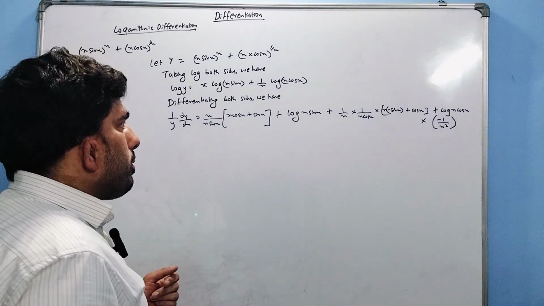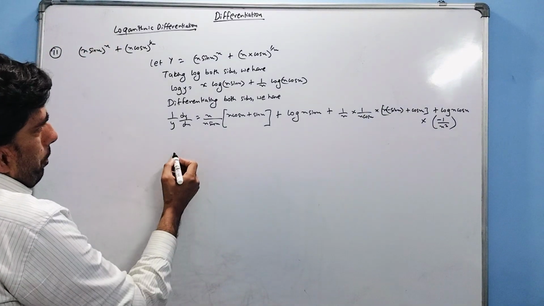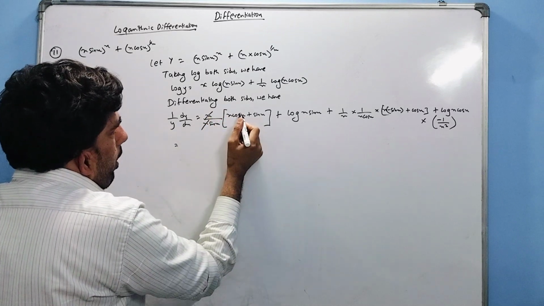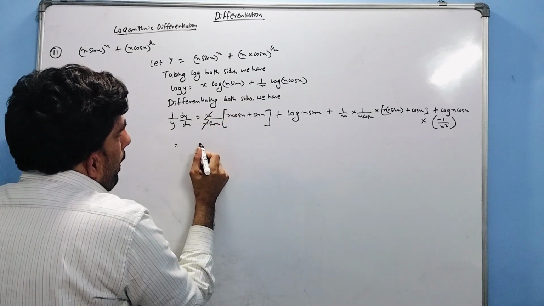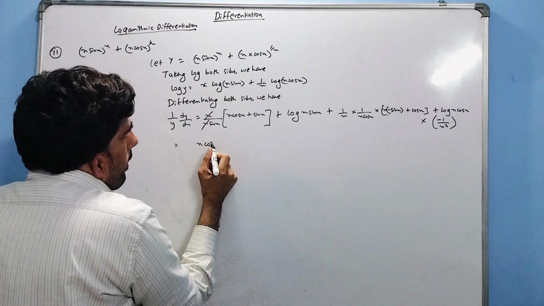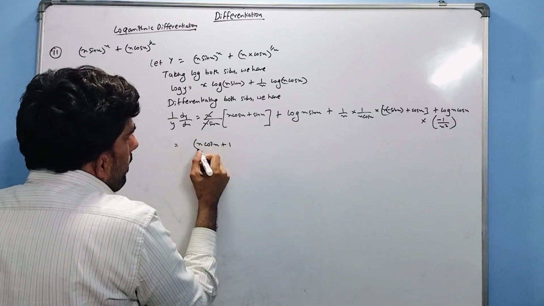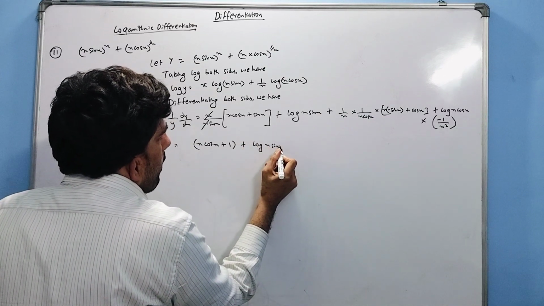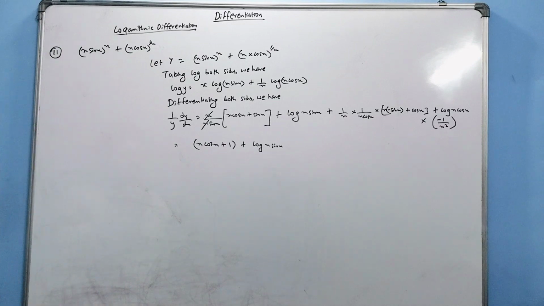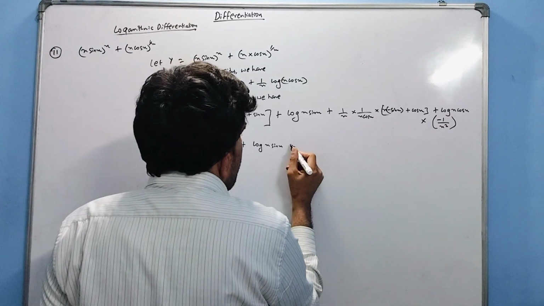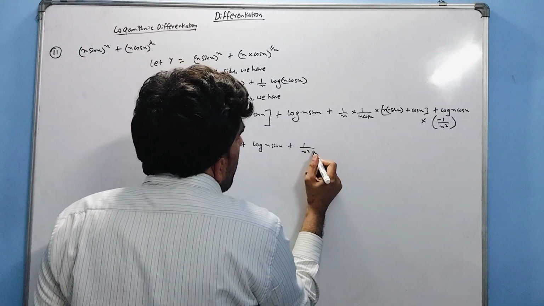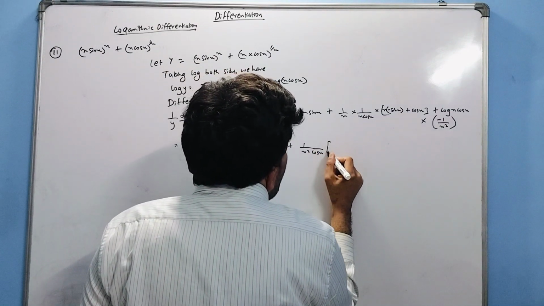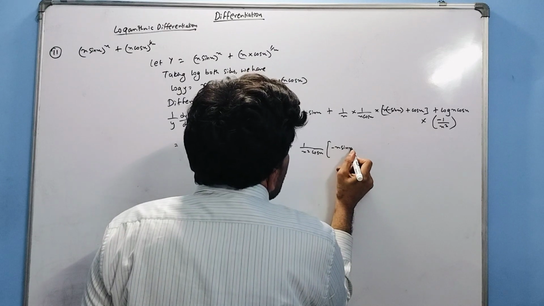So now we have the next step. If I multiply this inside, I get x cot x plus 1 plus log of x sin x, okay, plus we have 1 upon x square cos x into minus x sin x plus cos x.